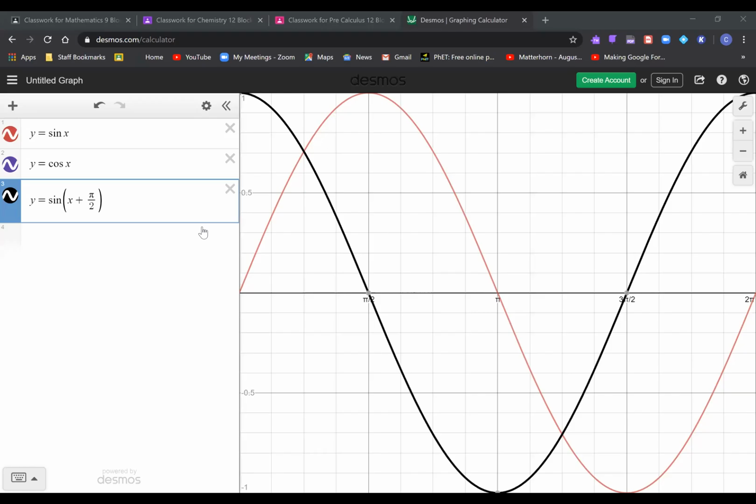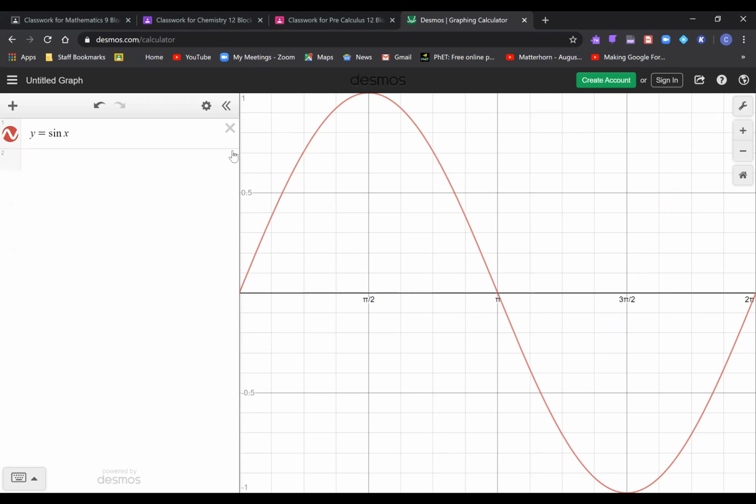Okay, so I'm going to go back to Desmos here. I'm going to get rid of these other two functions I added in here. There we go, so there's our sine graph. The first one we're going to do is y equals 2 sine theta.